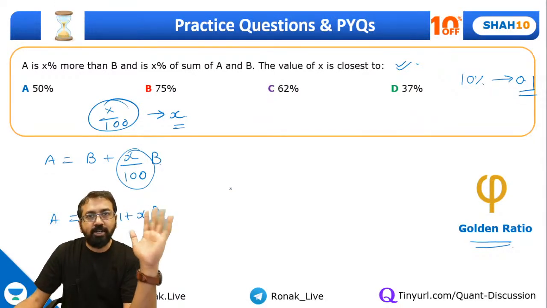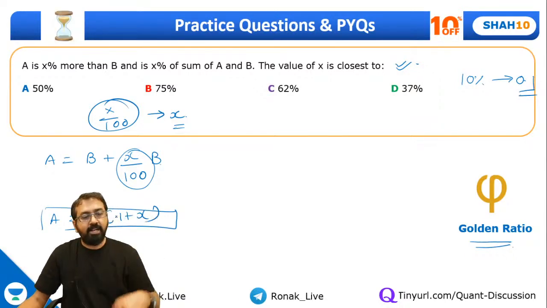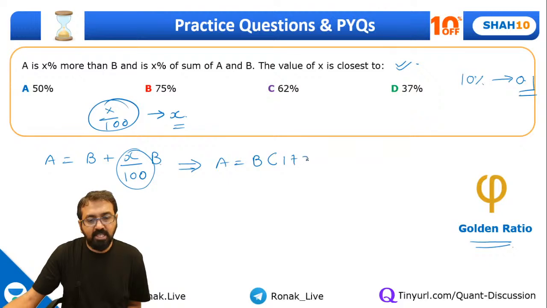Okay, everyone, just pay attention. I'm explaining this question. Let me write here so that it doesn't create any confusion. A is equal to B into 1 plus X. Once again, instead of X by 100, if I put X, I get B plus BX.